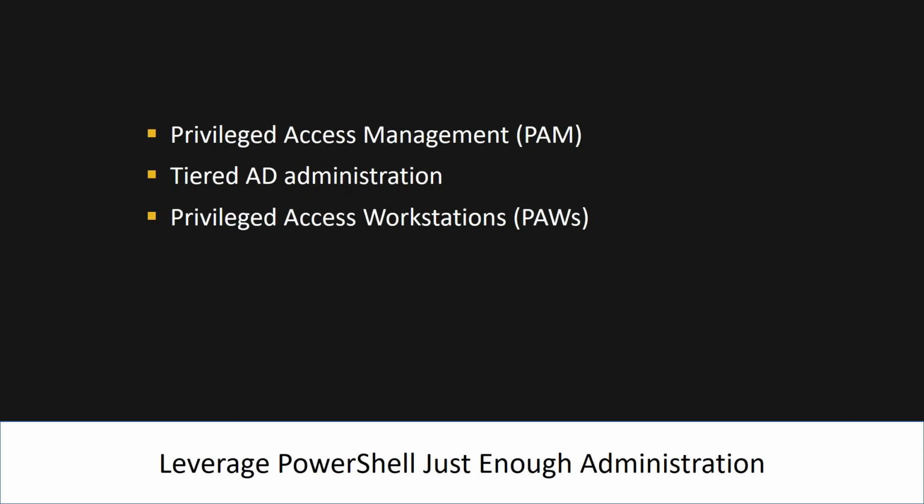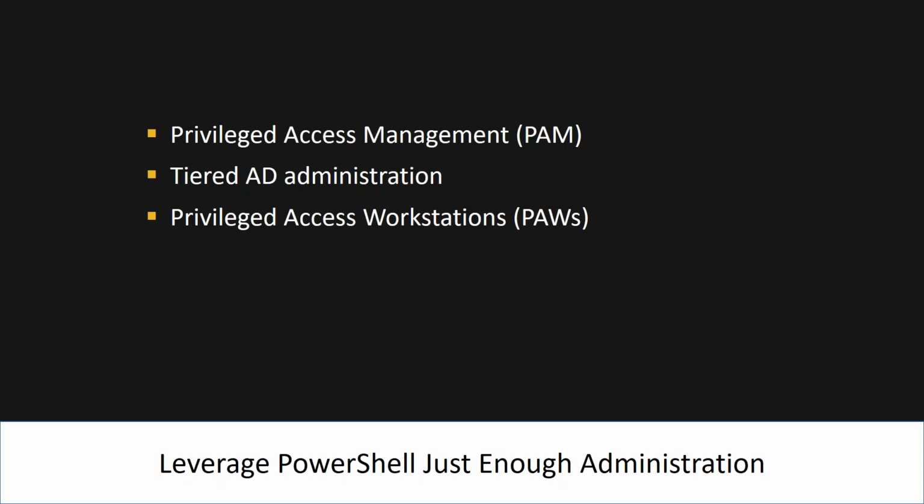But if you're a much bigger organization and you have the resources, of course a privileged access management system can automate that workflow for you, and of course it scales much more easily than the manual process that I described, and I'll talk a bit more about that in a second.